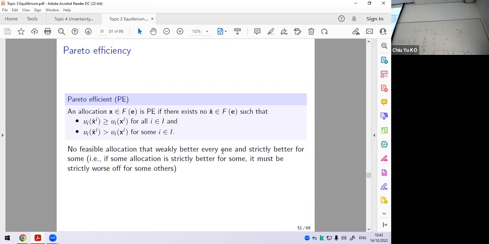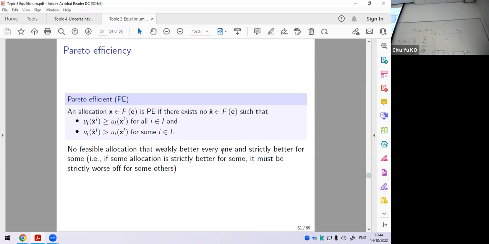Pareto efficiency means you cannot improve everyone; when you improve someone, someone must be worse off. We call an allocation Pareto efficient if there's no other feasible allocation such that everyone is weakly better off and someone is strictly better off.